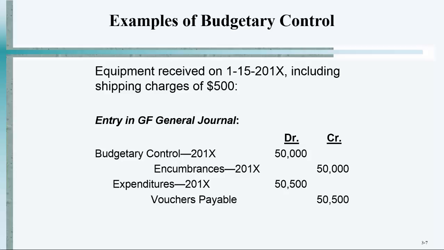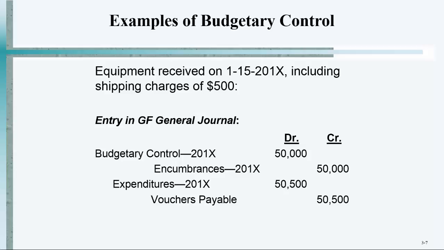Budgetary control kind of held that there for a minute, and now it's going back to the 50,000 in budgetary control. And the encumbrance is back to zero, isn't it? I don't need that anymore because I know my actual expenditure amount, don't I? And so at this point I debit expenditure. I credit voucher payable for the actual amount, don't I? So now I've shown my expenditure against my budget for the actual amount.